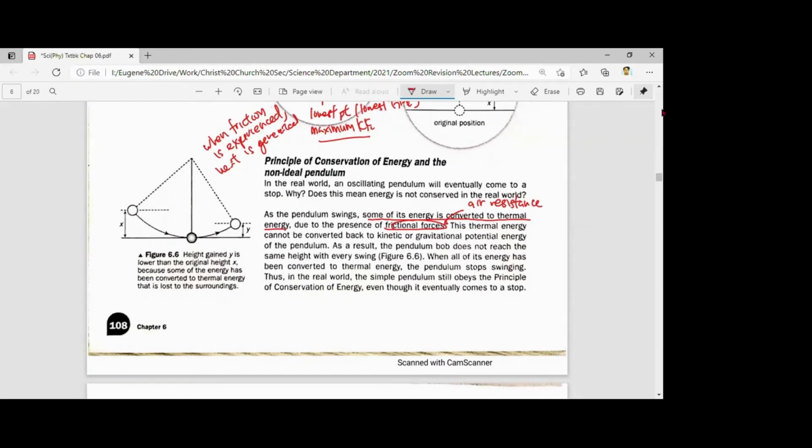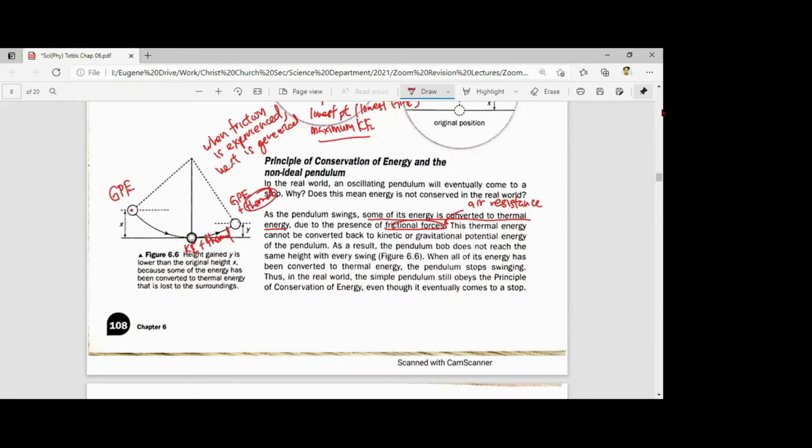Now the question is, GPE and KE don't go back to the original height, so does it mean the principle of conservation of energy is not followed? The answer is, it's actually still following the principle of conservation of energy, because at this point it is GPE. At this point it is KE plus thermal. At this point the KE is converted, so it becomes GPE plus thermal.